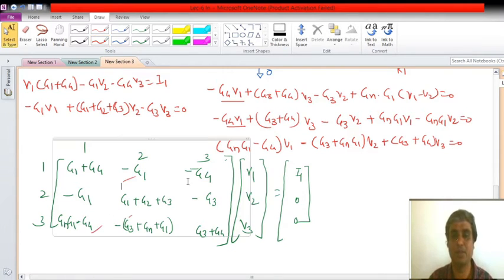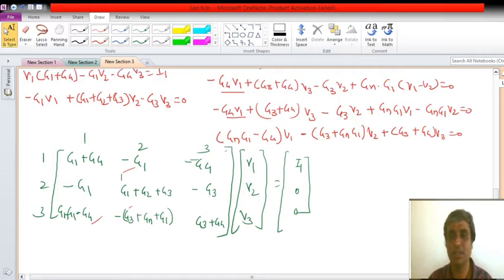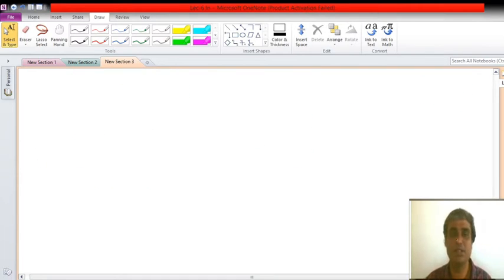Now we are very much matured with nodal analysis. If the network consists of resistors with dependent or independent sources, then by observation I can directly write the equations. The next question is, once I get the formulation, the linear algebra formulation, we have to solve it.